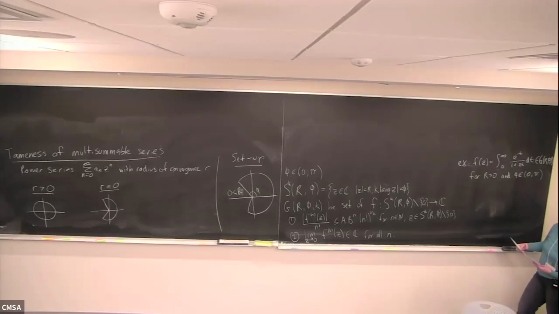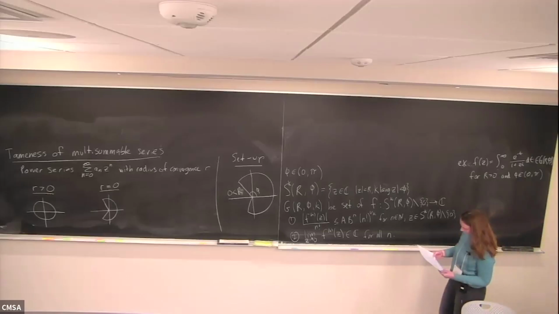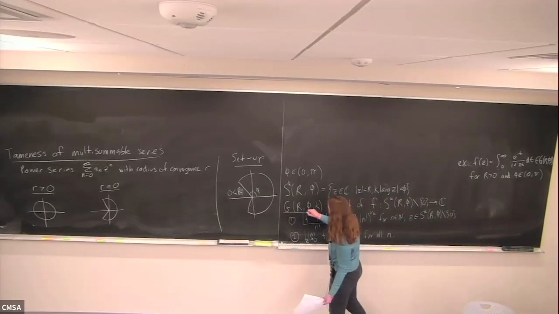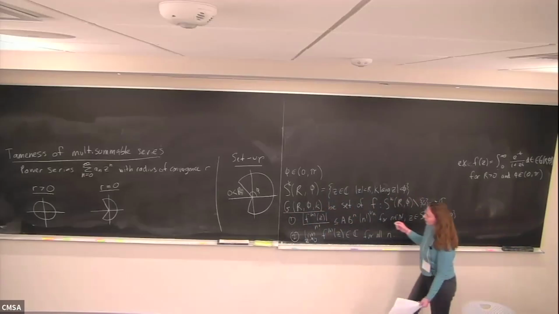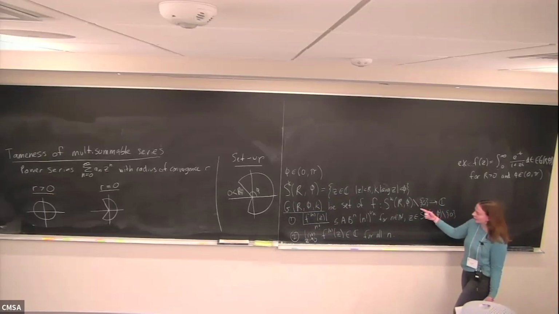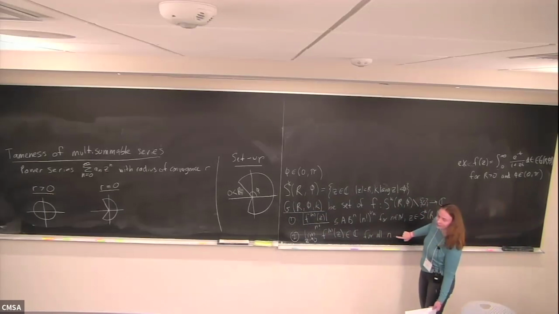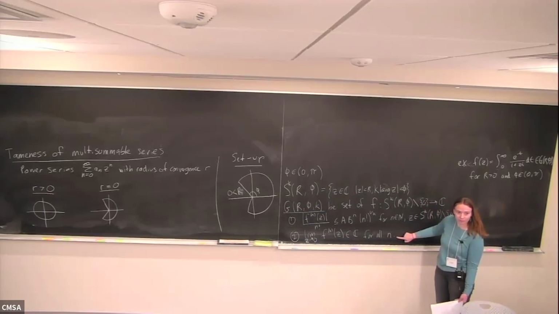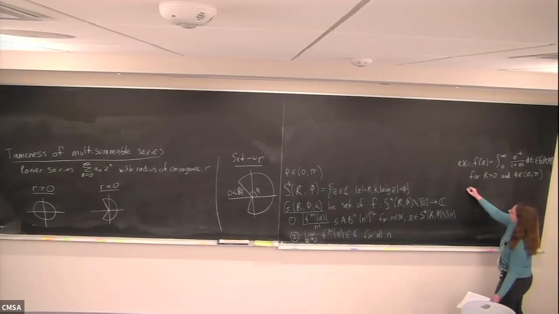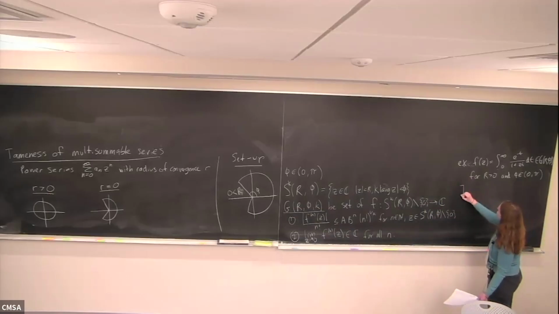Now if you have a function in this collection, G of R, phi, k, then it's not defined at 0, but of course you can extend it continuously to 0 because of this second condition. So you get a formal notion of the Taylor series of one of these functions.